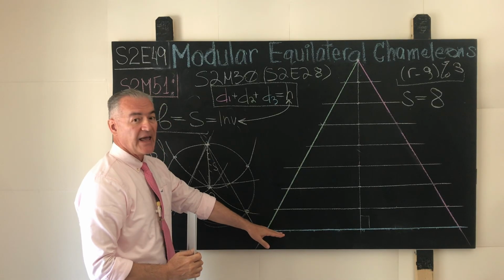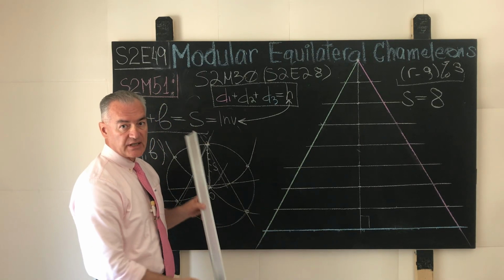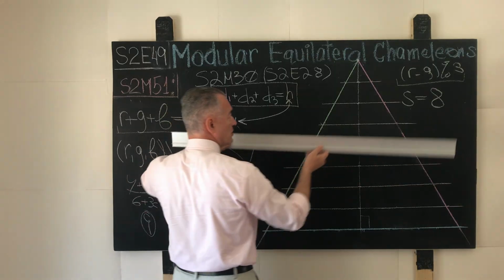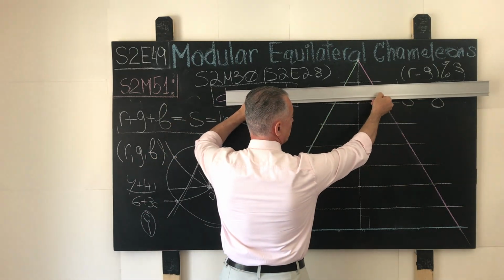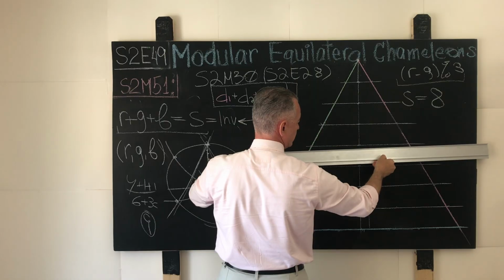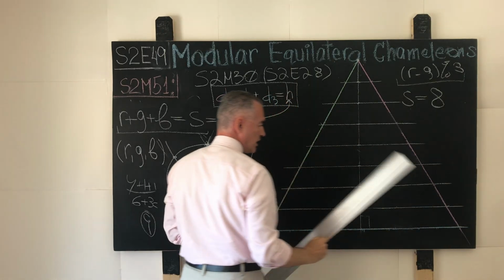So we construct s minus 1 straight lines using a Euclidean edge shown over here, for example, this way, this way, and so on.